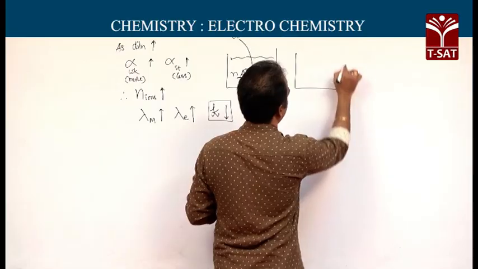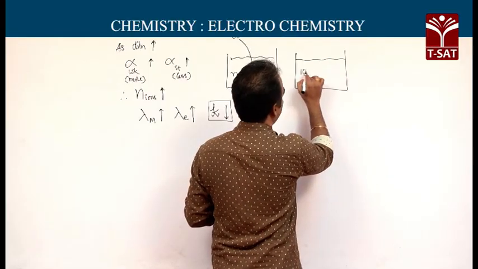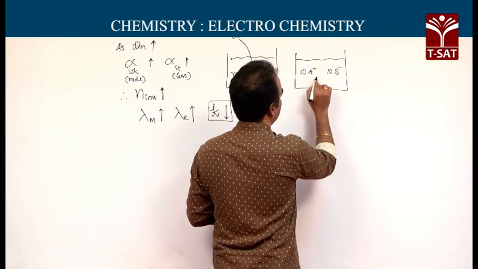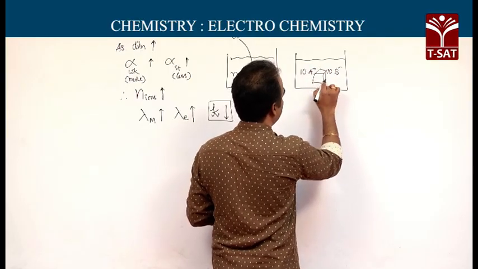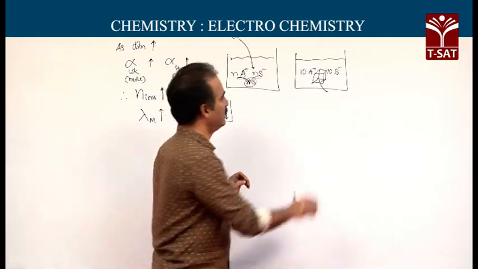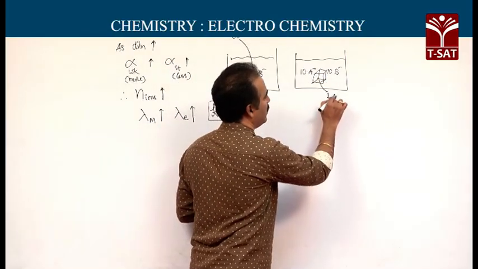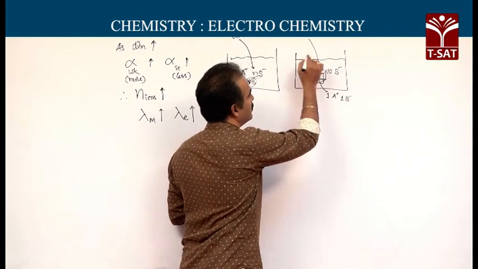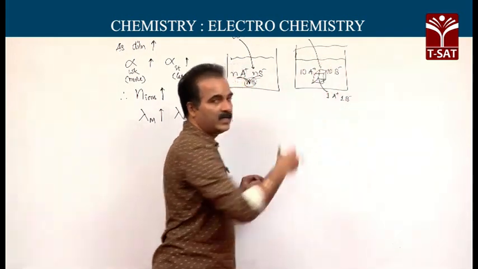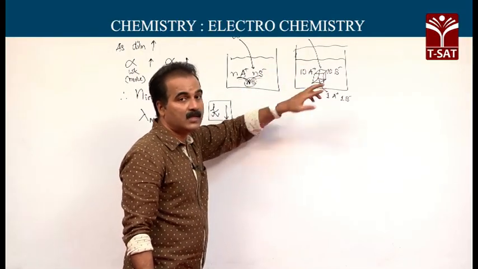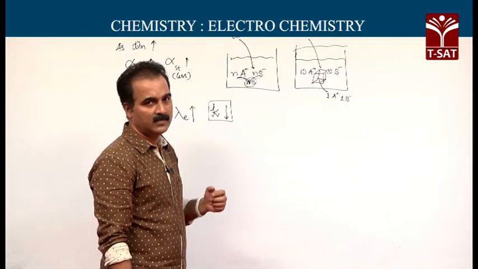Suppose you see here, I have 10 A plus, 10 B minus, and I am taking 1 cc of solution, just 1 cc of solution, and here there is one A plus and one B minus, you can say. But when you dilute it, volume increases, but the number of ions does not increase to that extent.